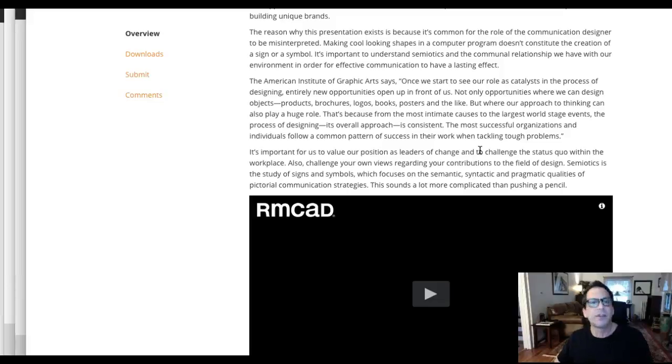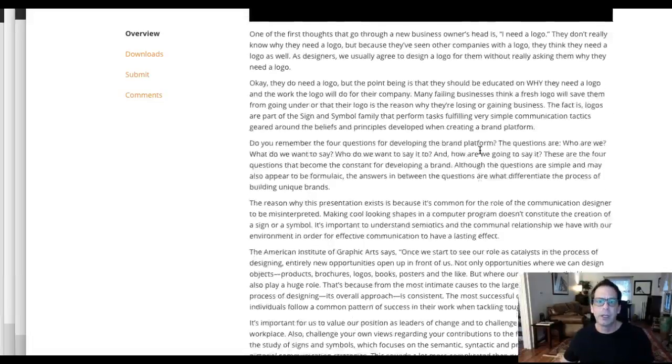And you know what? If your design is beautiful, that's amazing. That's a wonderful thing. But as designers, we're not here to express our artistic abilities, we're here to communicate a message for a client. That's really important stuff to remember moving forward.